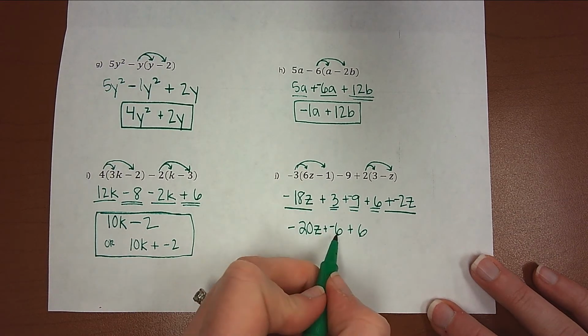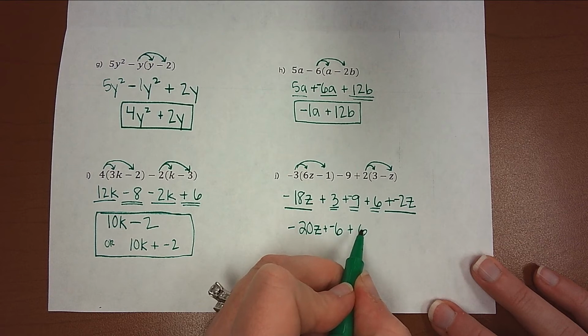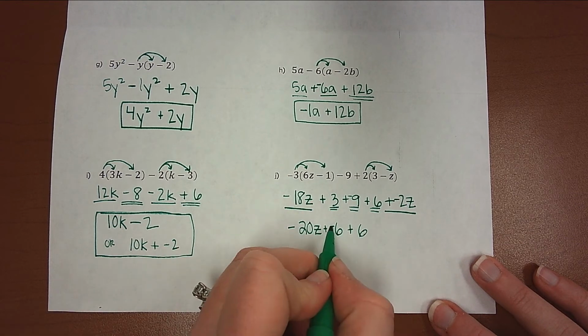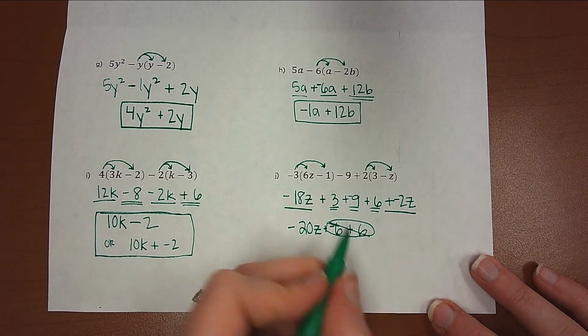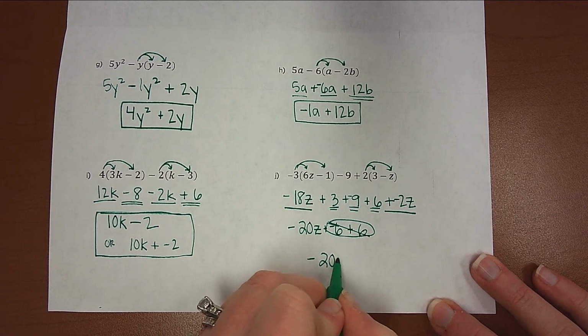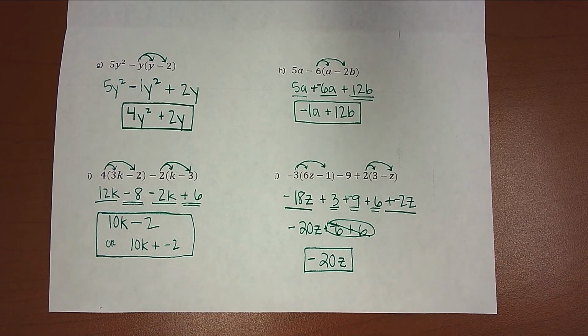And then I've got -6 plus +6. When signs are different, a negative and a positive, we subtract. 6 minus 6 is 0. So these two things end up canceling each other out, -6 plus 6. And I'm left with just -20z. And that is my simplified answer.